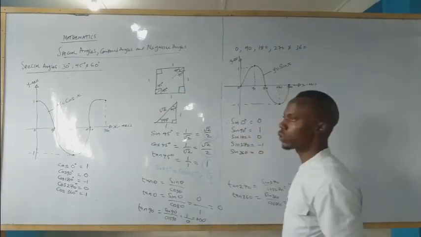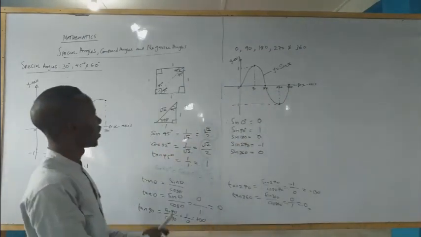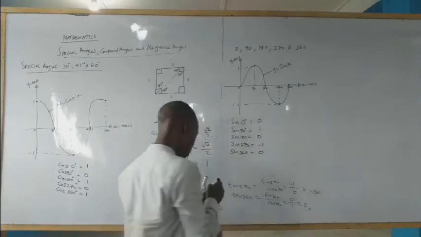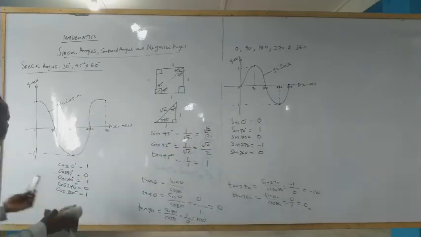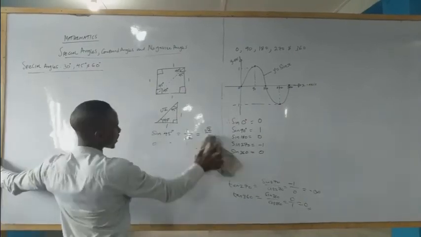Then negative angles. I'm just talking about normally on our coordinates. On our coordinates, we have 4 quadrants. So how do we determine the value?